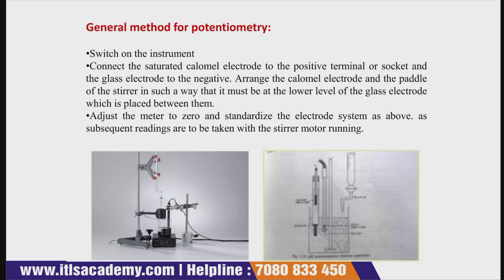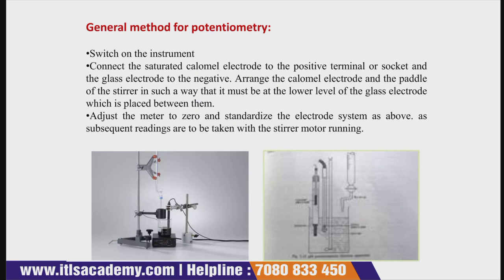You have to switch on the instrument. After switching on the instrument, you have to connect the standard calomel electrode to the positive terminal or socket, and the glass electrode to the negative one.